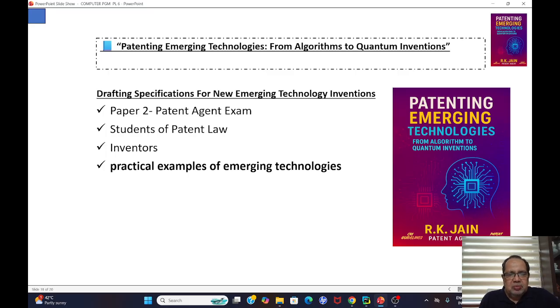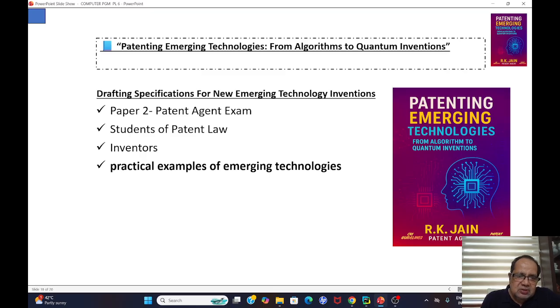Students of patent law need to keep abreast of the latest happenings with respect to the technological progress being made in the new paradigm. Inventors have the biggest stake of all, because you want to build good specifications with patentable claims which pass the scrutiny of the patent office.